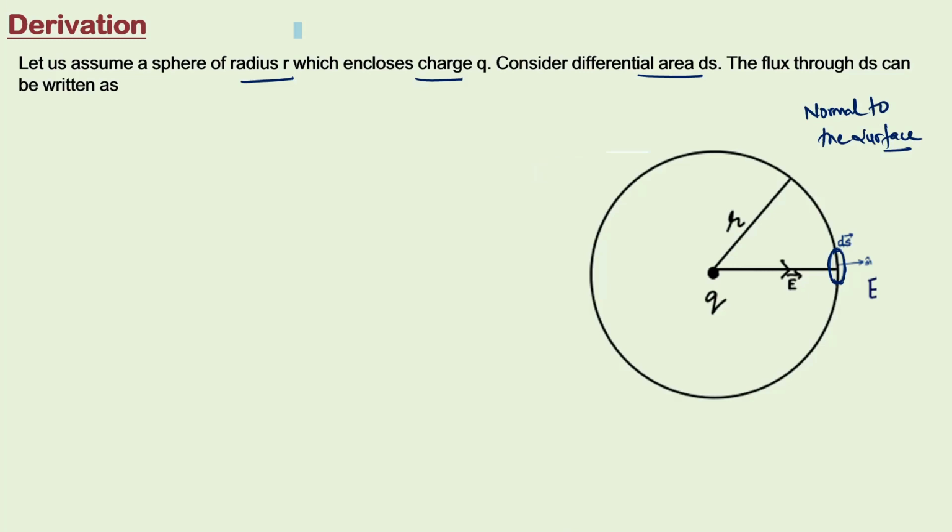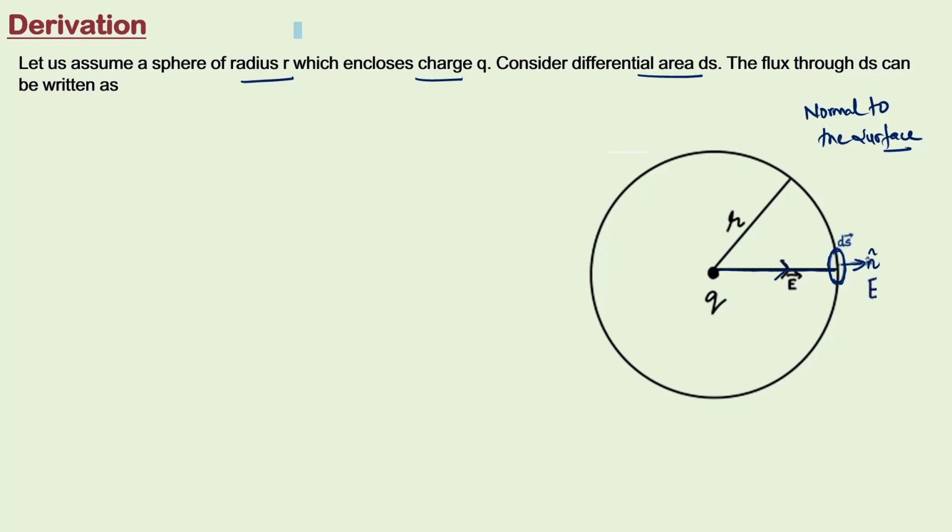The direction of the electric field is the same as the direction of the area vector.